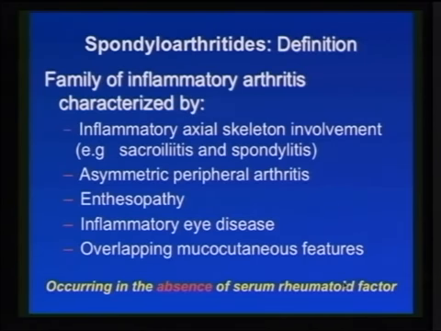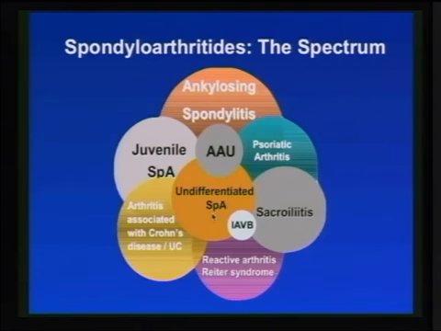The spectrum is a very large group, but the most important ones are ankylosing spondylitis, psoriatic arthritis, reactive arthritis, which is Reiter's disease, and inflammatory bowel disease. These are the most important four. But you may also hear about undifferentiated spondyloarthritis.